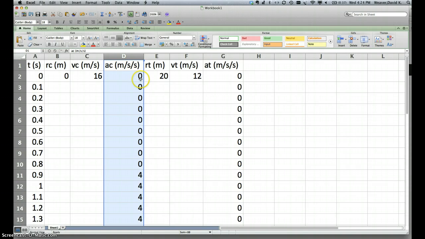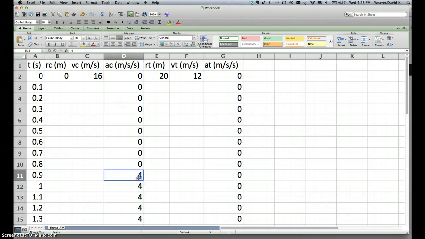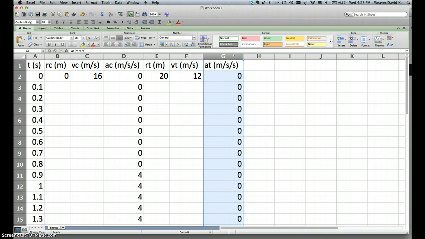So I set up for the first 0.8 seconds the car having an acceleration of 0 meters per second squared, and then from there on it has 4 meters per second squared, and the truck has 0 meters per second squared the entire trip. So with that, it's time to start entering equations.